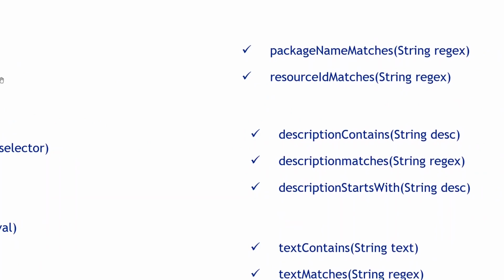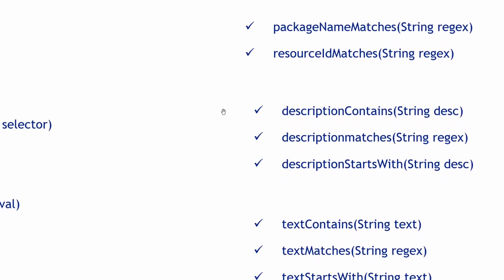There are other methods also they have provided. Package name, we have used the package name. Same, you can use it with the regular expression. And resource ID matches regular expression, standard regular expression, whatever you have. The star, a dot, hash, this kind of regular expressions you can use.